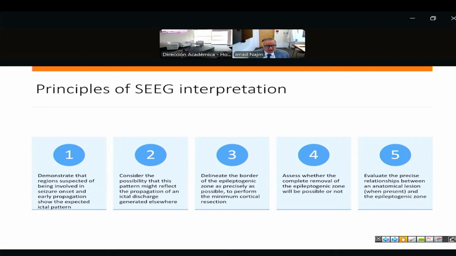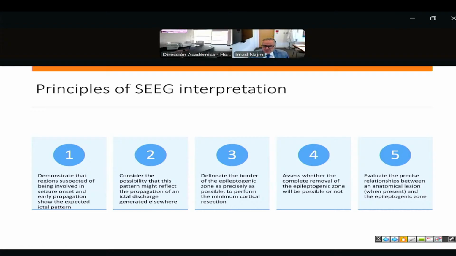And the group, Banco and Talairach, they spoke very clearly that when you have a scenario like this one, you should not be shy to add an electrode to the implantation. In our setting, we have maybe around 5, maybe 10% of the cases where we find ourselves adding electrodes, because at times we suspect there was a propagation pattern to the ictal onset that is outside our hypothesis that we need to take into account.